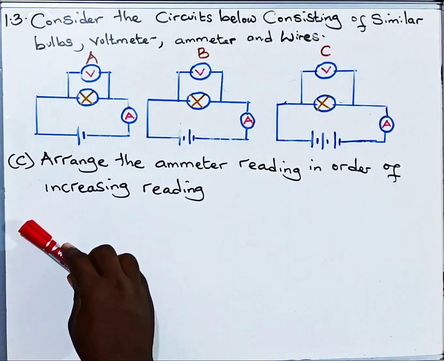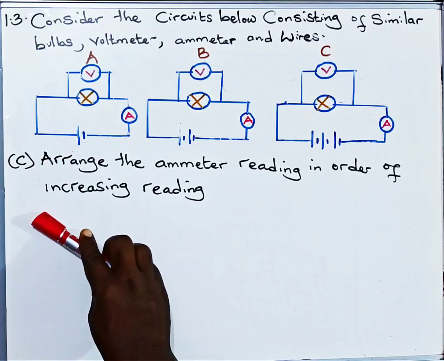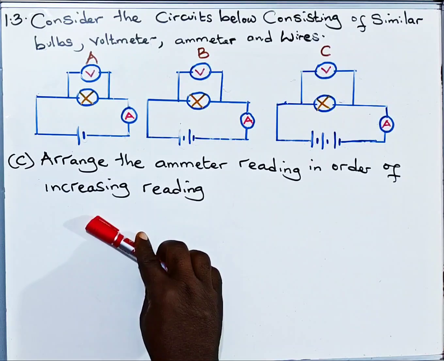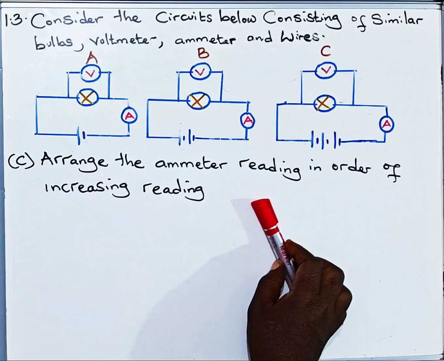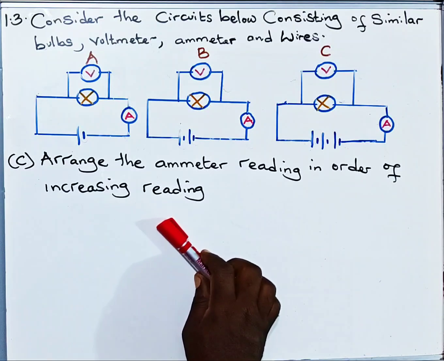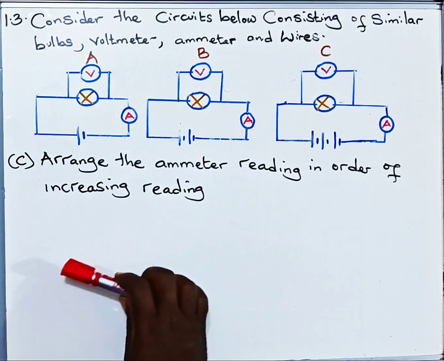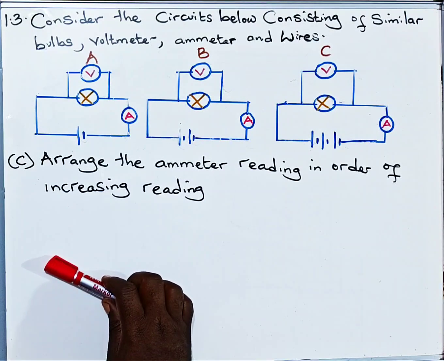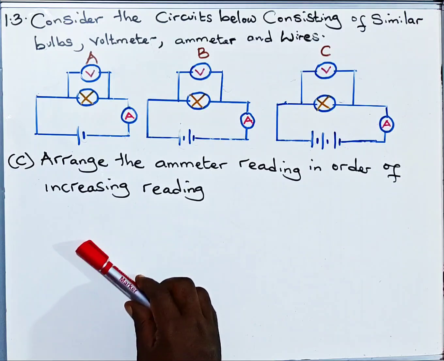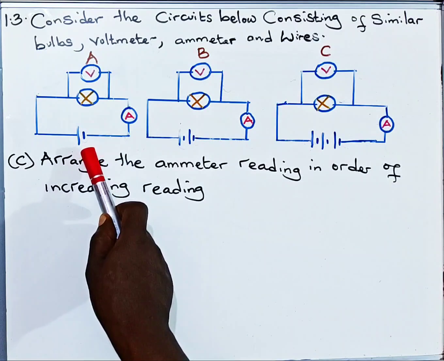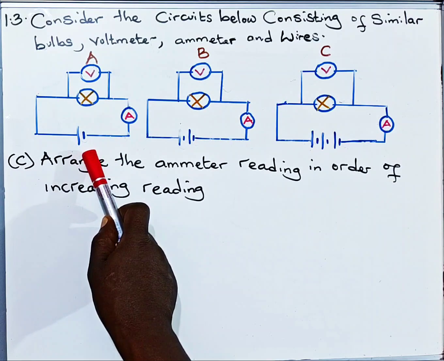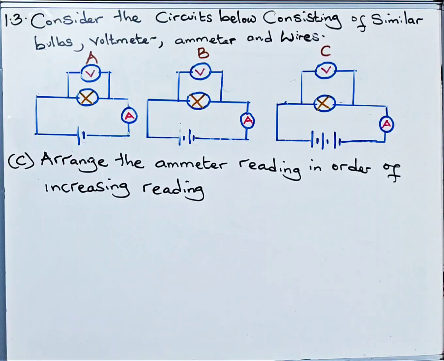Then we come to this question. It says, arrange the ammeter reading in order of increasing reading. Increasing means that you start from the smallest. Here we have to understand that the higher the potential difference, the higher is the current.